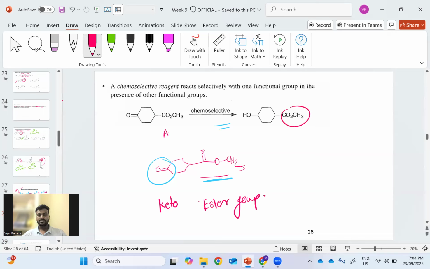You can see here the ester group is retained in the product, and we get the final product as an alcohol from this compound. Which reagent should we use for this conversion? That comes in the category of chemoselective reduction.